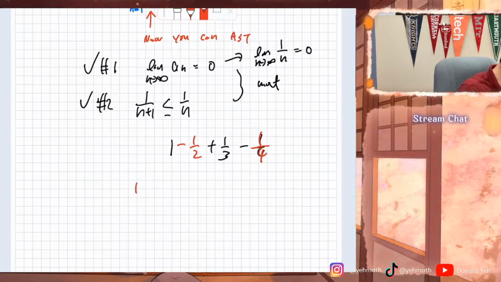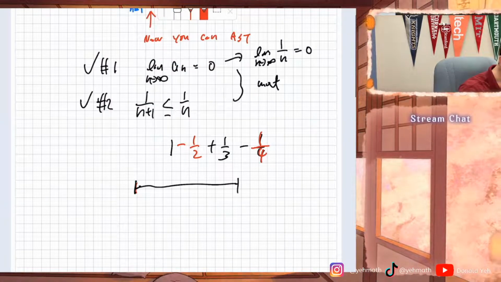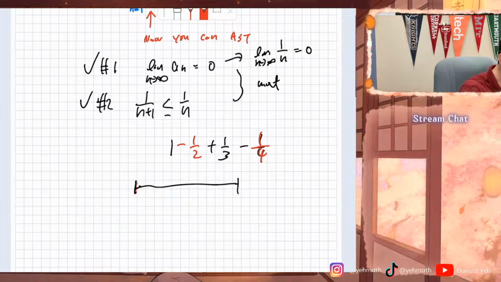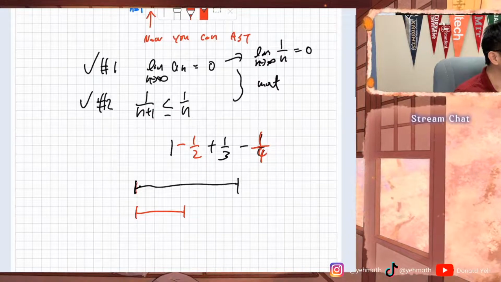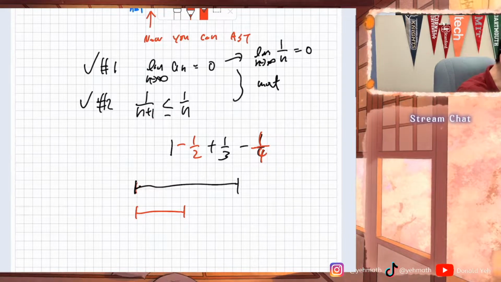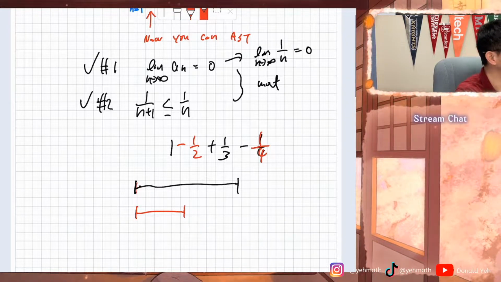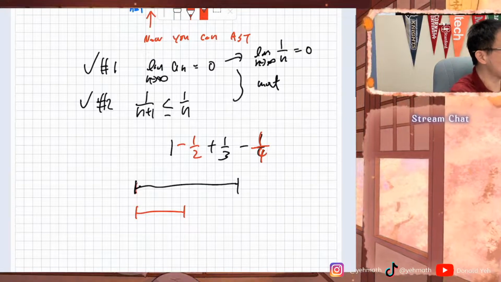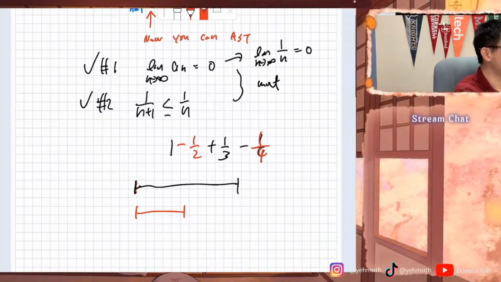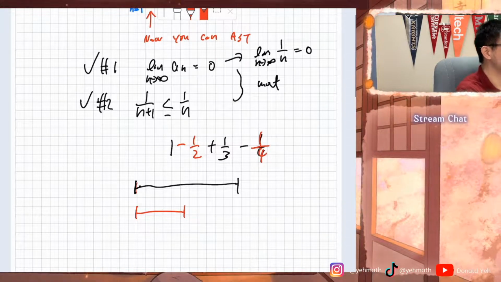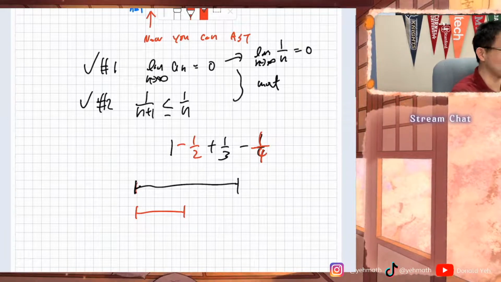If I have 1, let's say this is the length of 1, but you're taking away this much, and you're going to add a little bit more, but that little bit more doesn't overcome the 1 minus 1/2. So it's going to get less and less. So the harmonic series diverges, but the alternating harmonic series actually converges, because you're adding something, taking away something, adding something, taking away something.